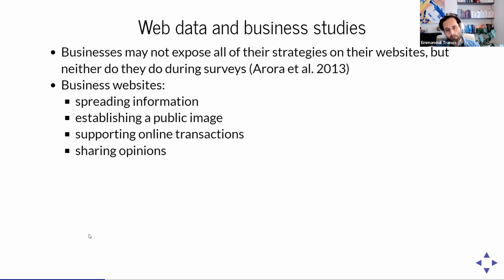On top of that, business websites have very specific functionalities. They are there in order to help businesses spread information and establish a public image. So in essence, companies have incentives to present what they do on their business websites. And this is what we are utilizing here for our research.